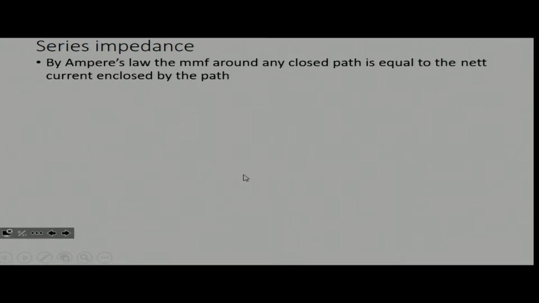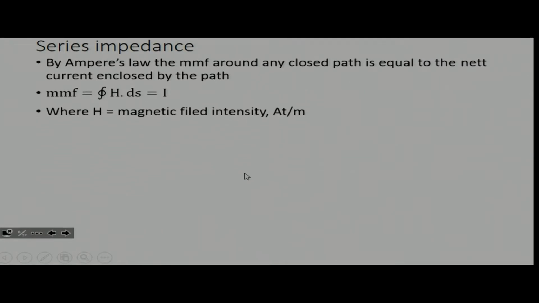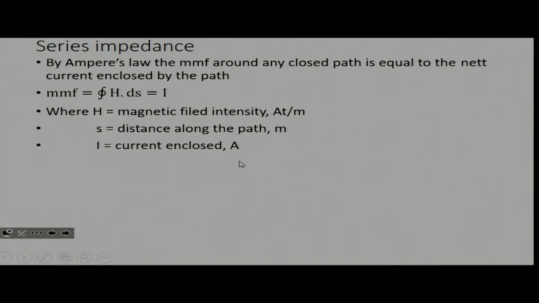By Ampere's law, the MMF around any closed circuit path is equal to the net current enclosed by the path. Therefore, the MMF is equal to the integral of H dot ds, and that is equal to I, where H is the magnetic field intensity in ampere turns per meter, s is the distance along the path, and I is the current enclosed.